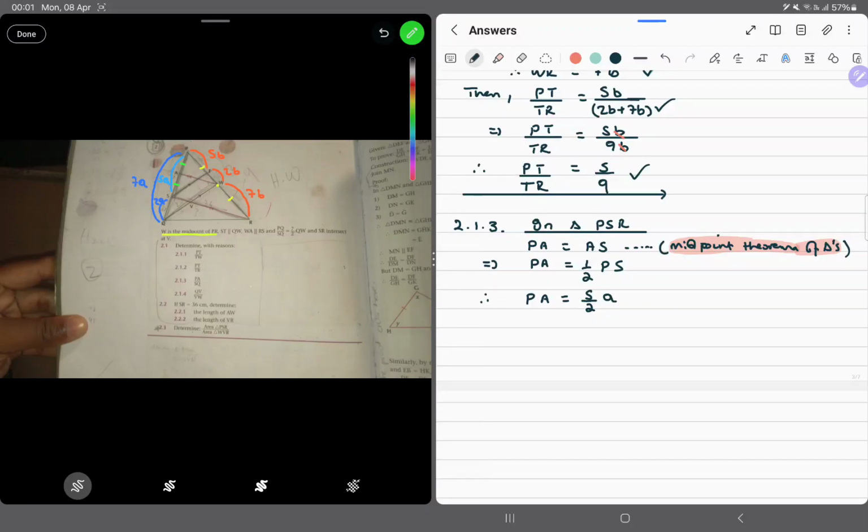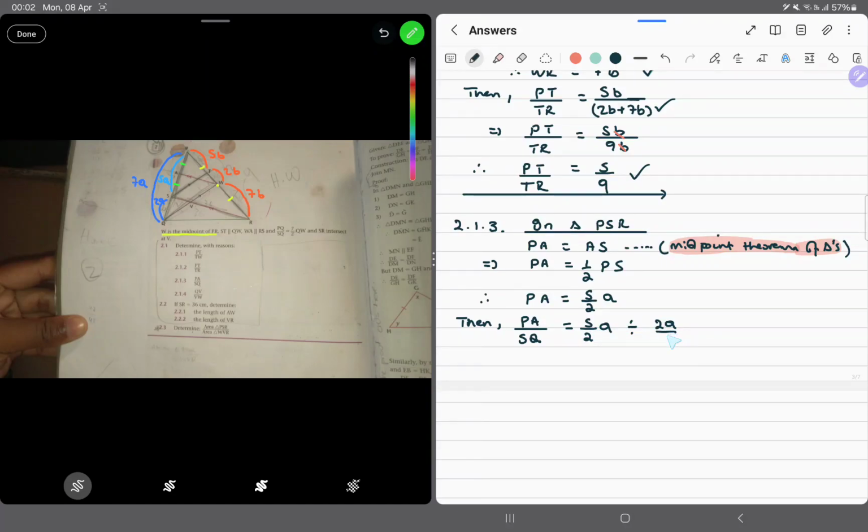Okay, easy. We can go for this ratio now, PA over SQ is going to be, PA is 5 over 2a. Now this line is a division line, divided by SQ, which is just 2a.